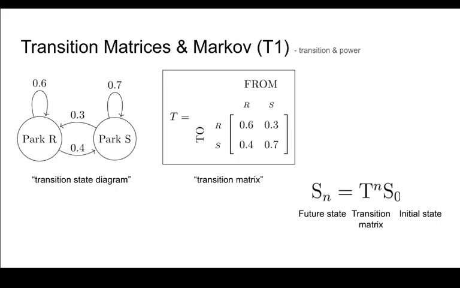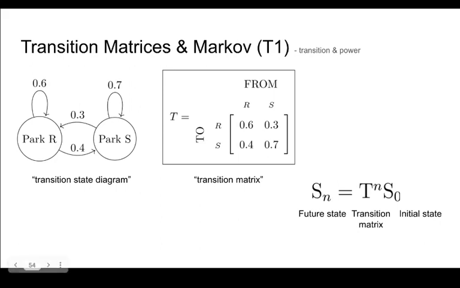So in here we have the example of 2 variables, and I think this is pretty self-explanatory. This means that it goes from S to R. This goes from R to S.